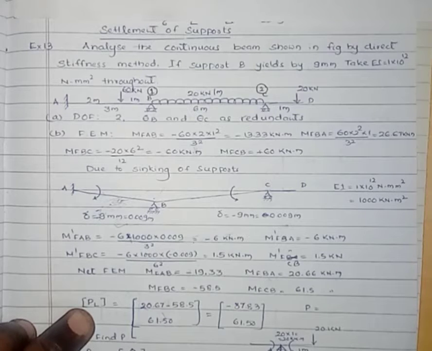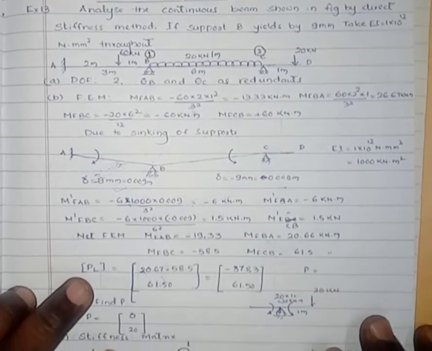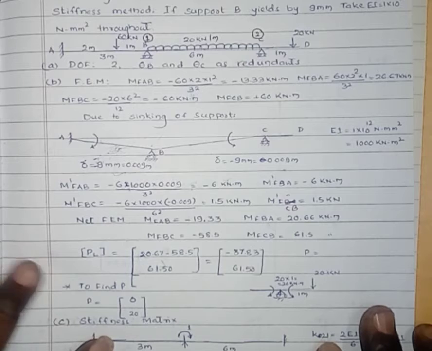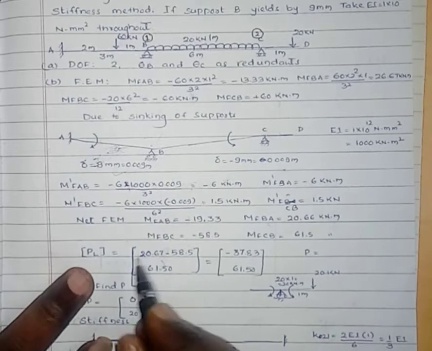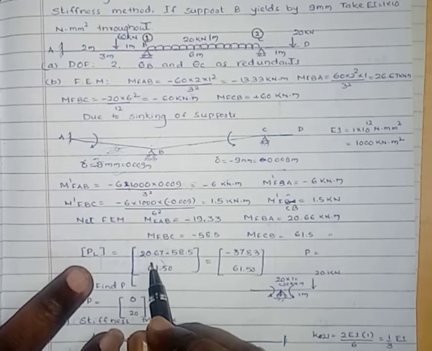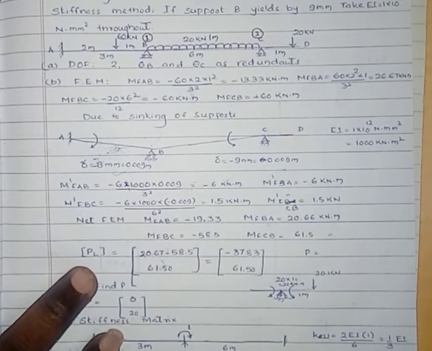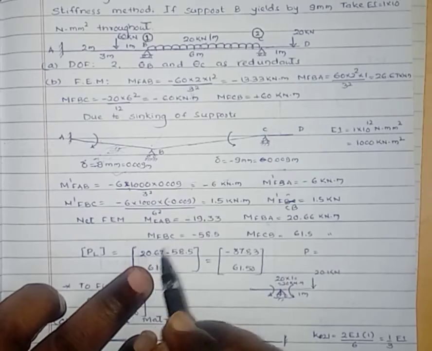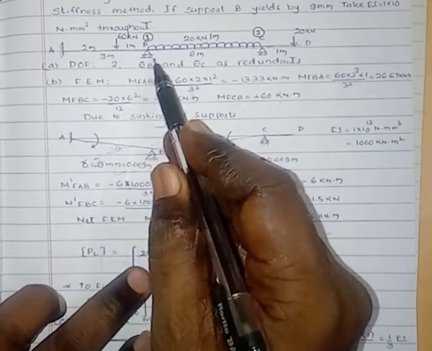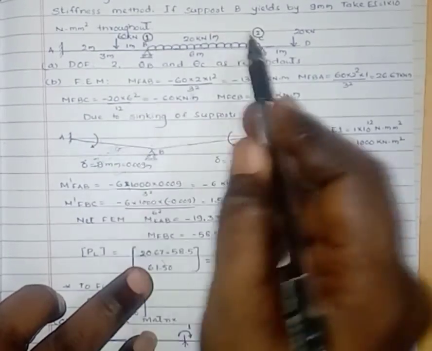Now we will get the vector due to the load acting at the coordinates, that is due to the fixed end moment due to the load and the fixed end moment due to the settlement of the support. Here at coordinate 1, two spans are connected, BA and BC.